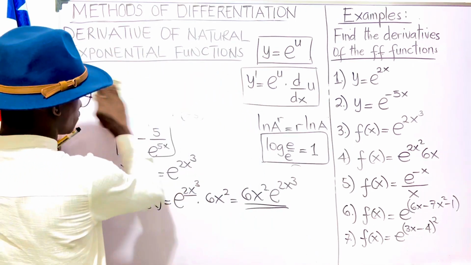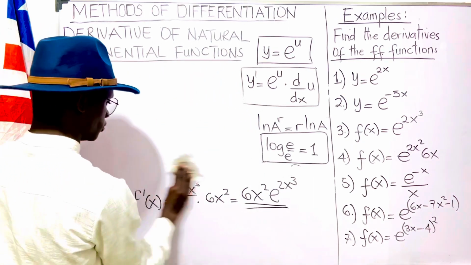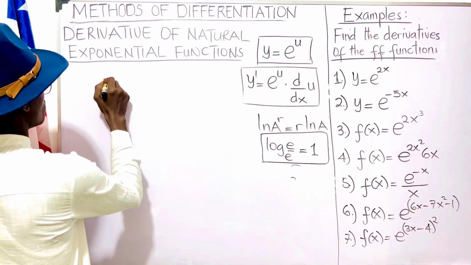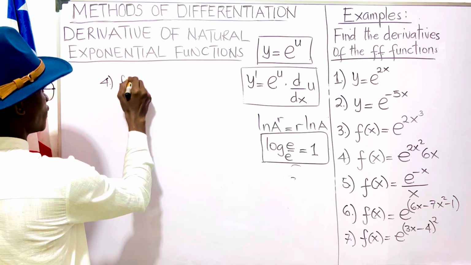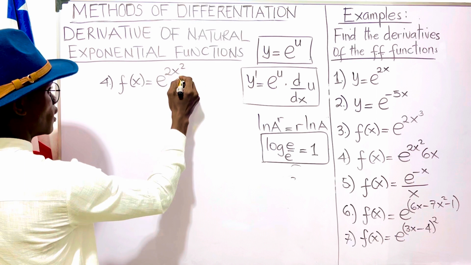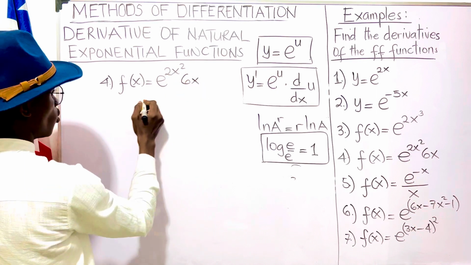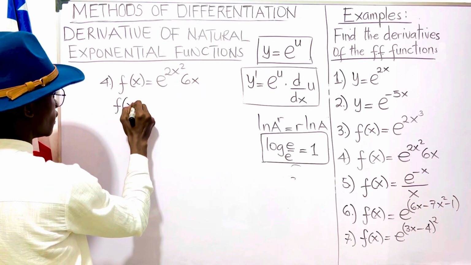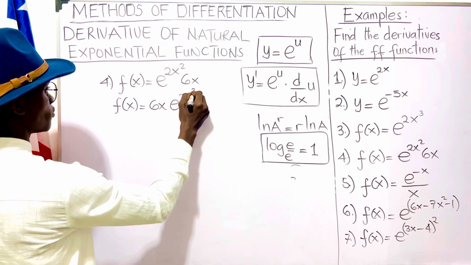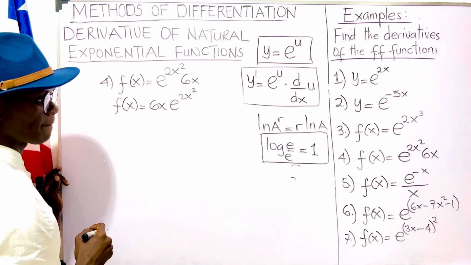Question 4. We have f of x equal to 6x e raised to the power 2x squared.